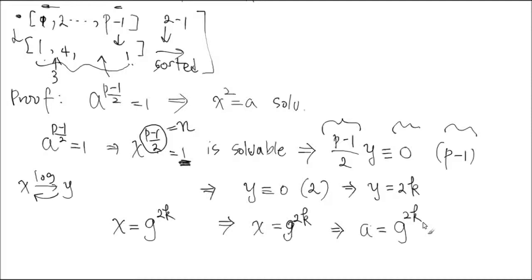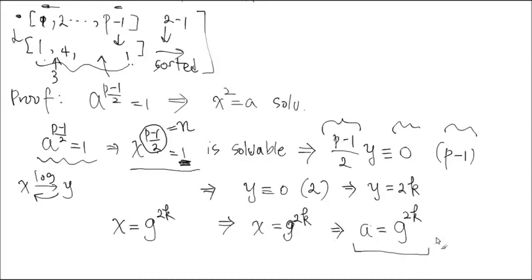All right. Again, if we have a raised to p minus 1 over 2 equals 1, then a happens to be the solution of x to this large power equals 1. Under the theorem, we conclude that a must be in this form, g to the 2k. What did we want to conclude in the original theorem? A is a square of something, right?